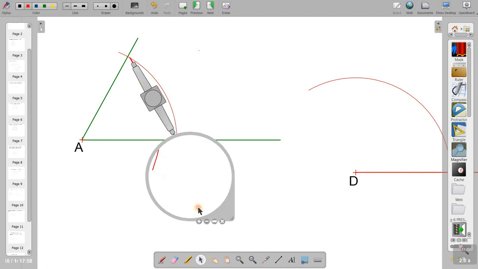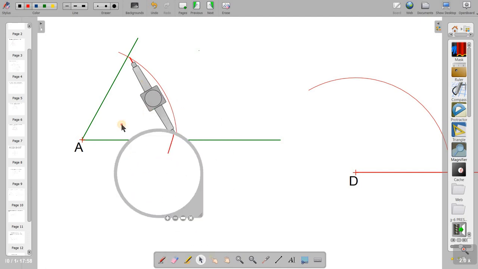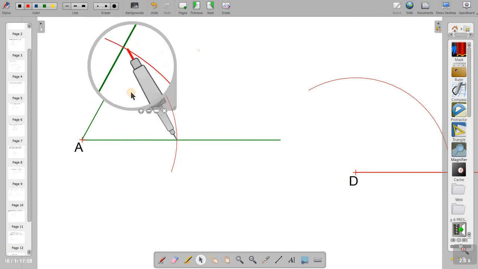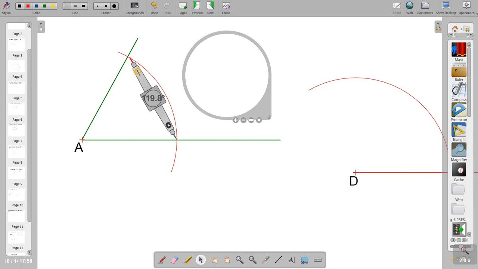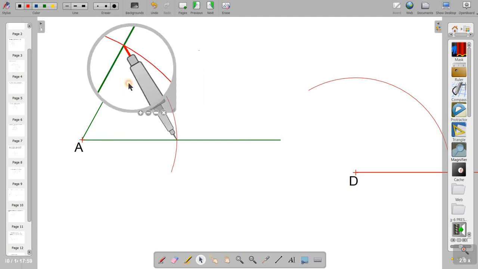Now I like to stretch the pen tip of the compass so that it just touches the point of intersection of the other arm and the arc. Let me rotate and see also. Yeah, now you can see it is just touching the point of intersection of the second arm and the arc.